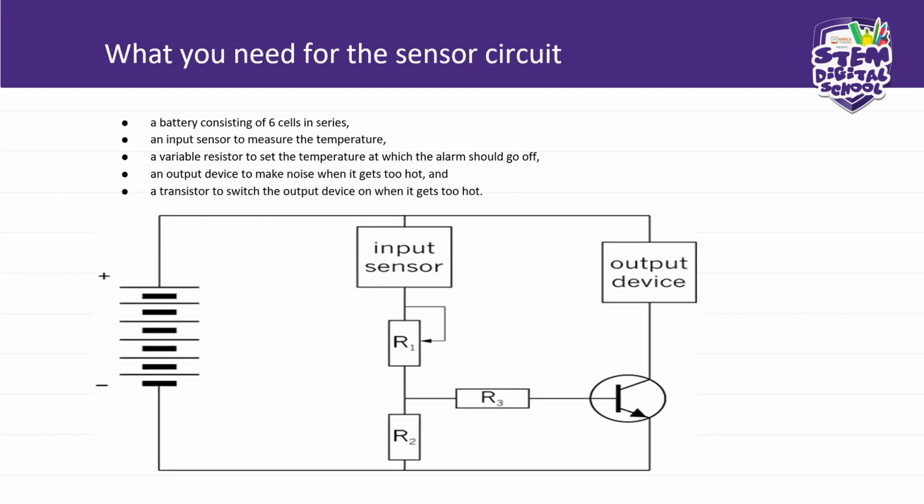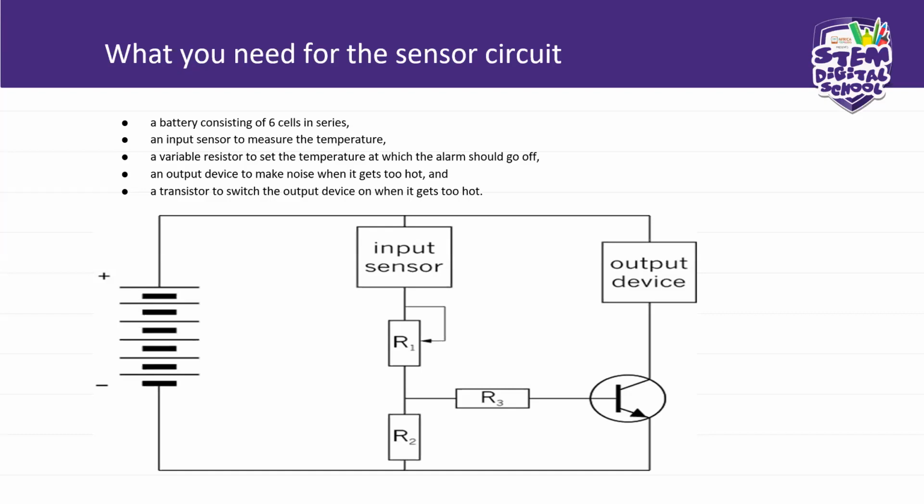Okay? Let us say it is just warm, but there's no fire. We don't want our fire alarm to be a nuisance and to start going off even if there's no high temperature. So we set a temperature at which the fire alarm must go off.